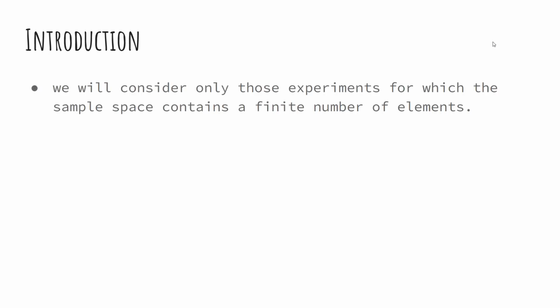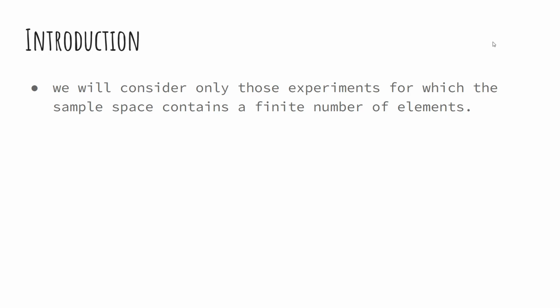Just for the sake of simplicity in this course, we will be considering only experiments whose sample space is a finite set, or a sample space consisting of a finite number of elements. For example, an experiment which involves an infinite number of elements is picking a real number. We had discussed earlier in the introductory classes that the set of real numbers is an infinite set.